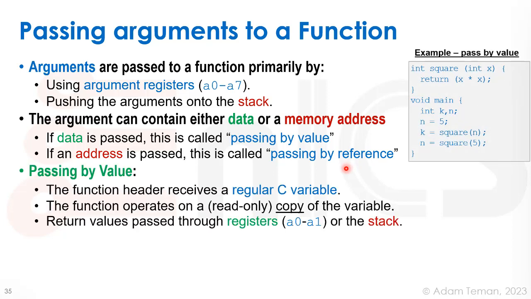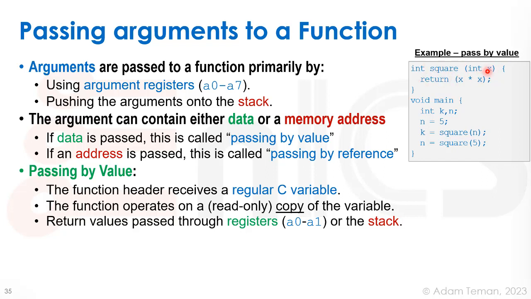Okay, so what passing by value is that in the function header, we have a regular C variable, something like this, int square. We write here int x. So that's a regular variable here in the header. And what that means is that we create a read-only copy of whatever argument we're passing over to here, and that's what this square function will work on.